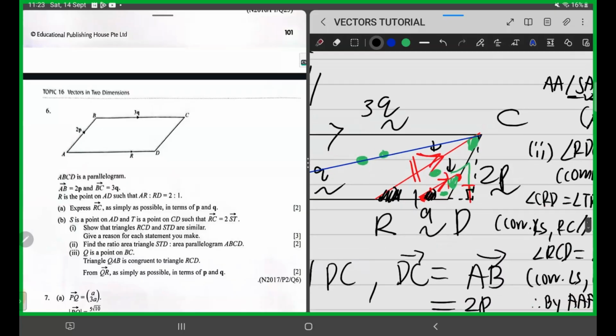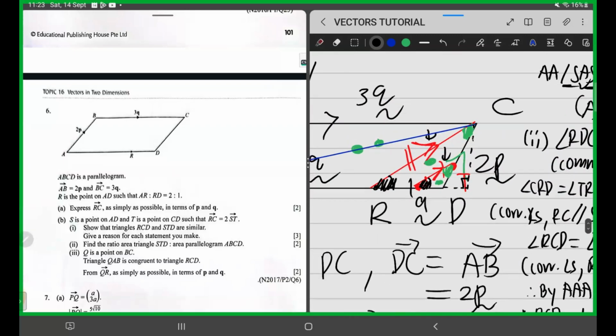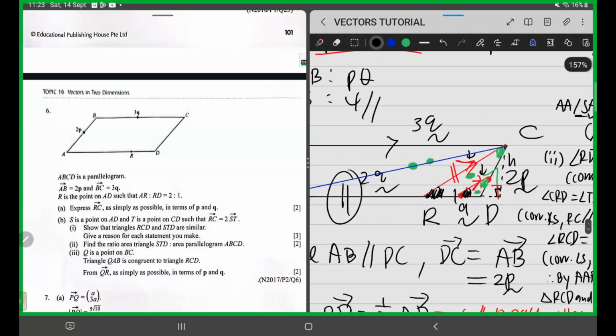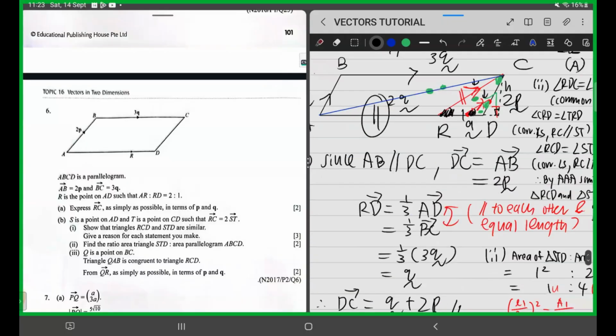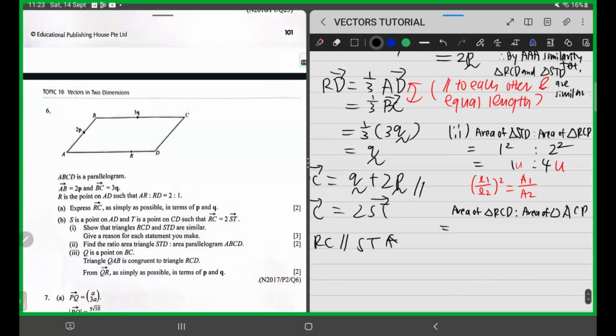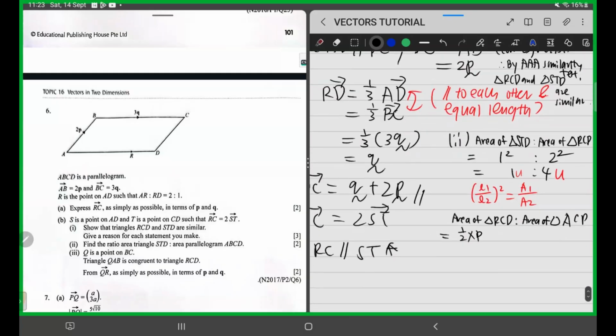So your so-called height, we don't know what's the height, but we know that the height over here is the common height between RCD and ACD, right? Both of them share the same vertical height. So when we compare them, we can actually remove them. Half times the base over here is RD, then we don't know what's the height. But then we compare this to the area of ACD.